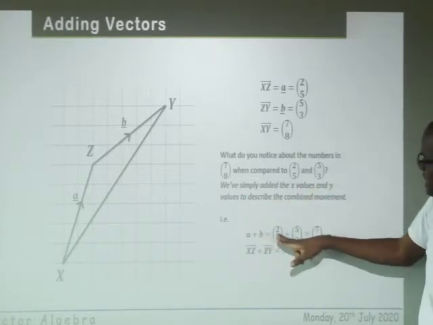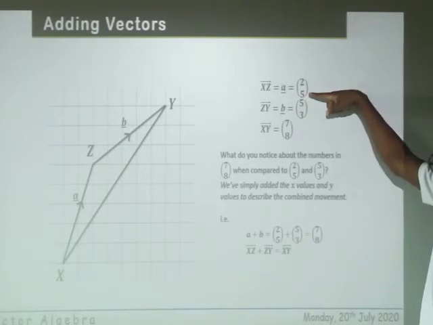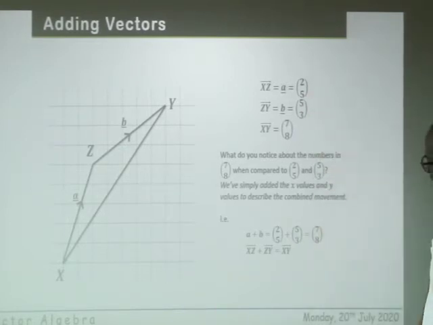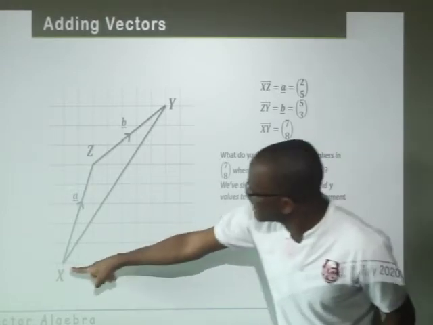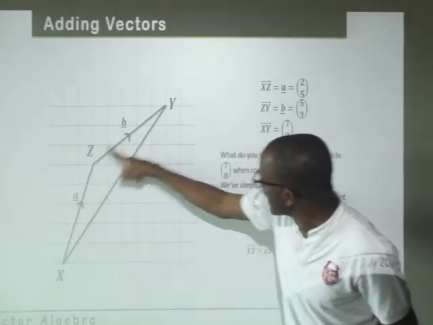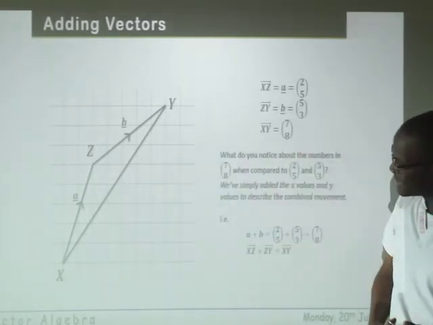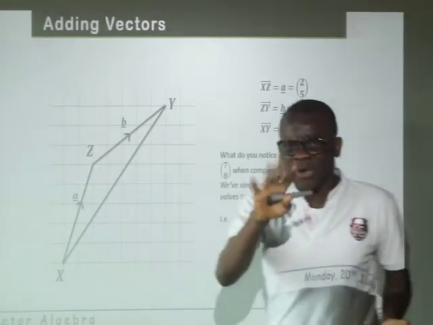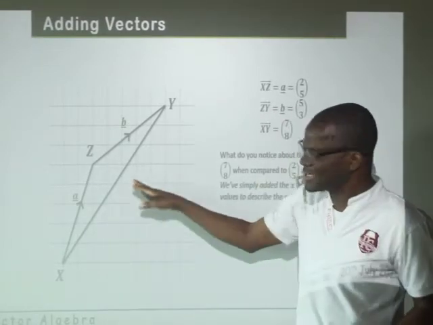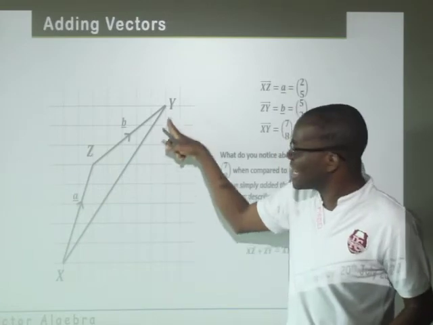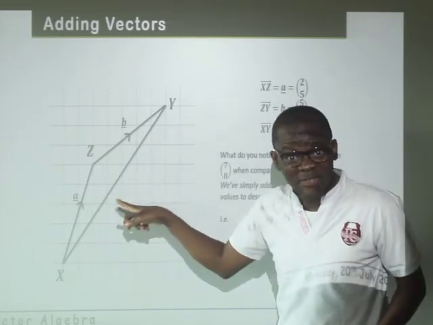That is, A plus B is the component form 2, 5 for A, and then 5, 3 for B to get 7, 8. So xz plus zy gives you xy. And if you all are quite observant, something is missing in this diagram which is really, really important. It's with the xz. I've not indicated the direction of the arrow.